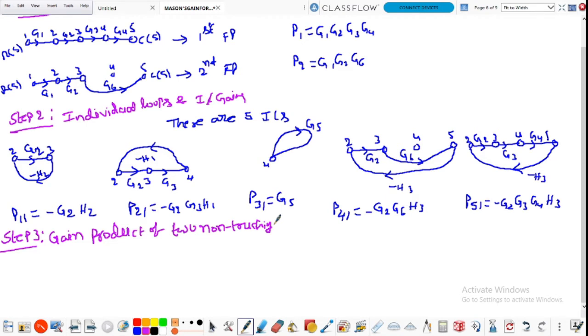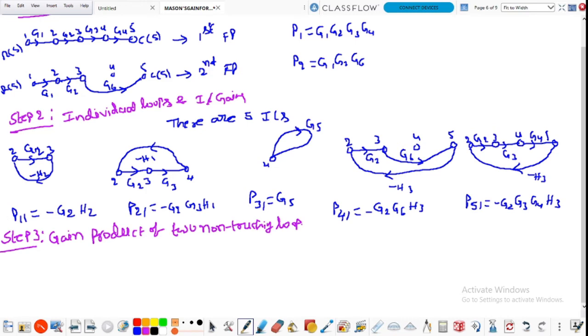So these are the individual loops, and these are the forward paths. First identify two non-touching loops from the given signal flow graph. How many combinations of two non-touching loops are available in the given signal flow graph?